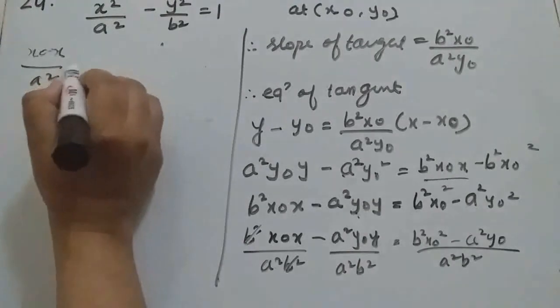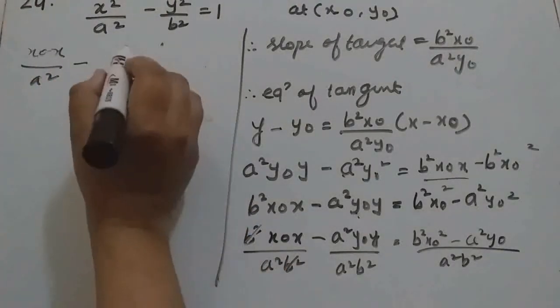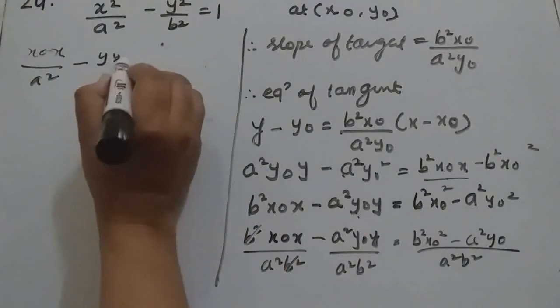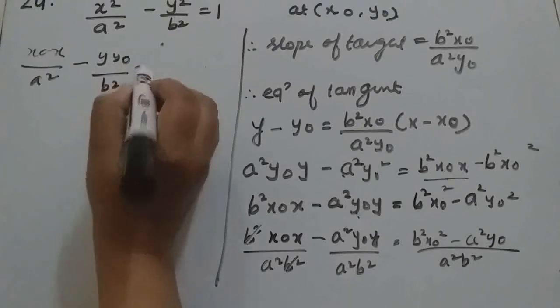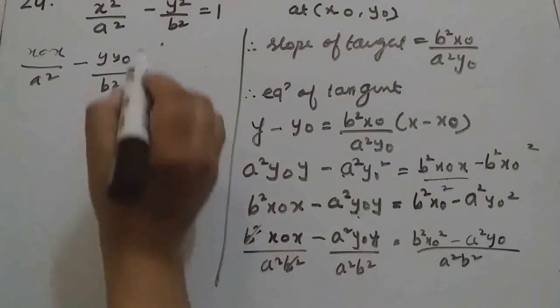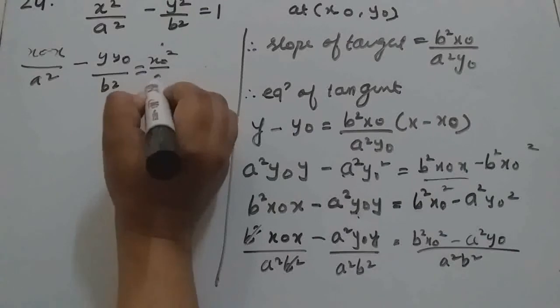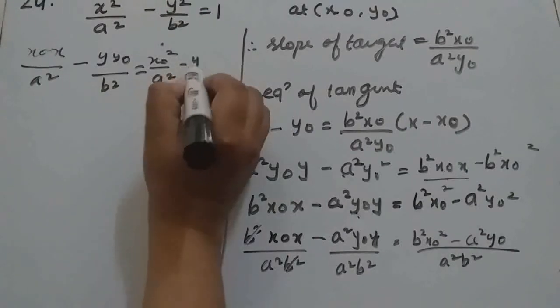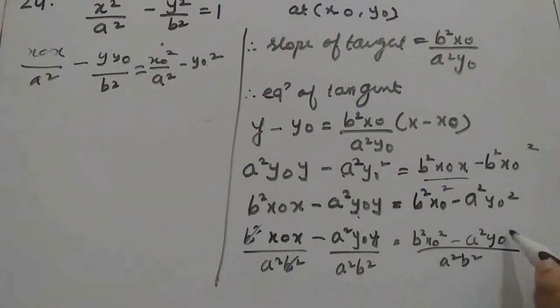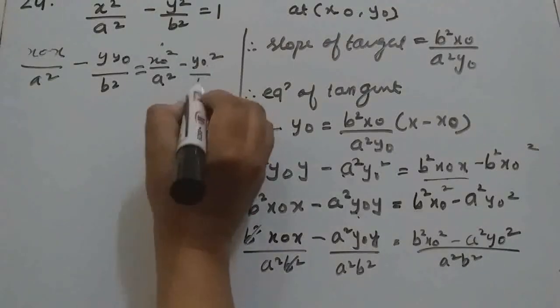And here a square will go, so y0 y by b square. Here b square will go, x0 square by a square minus y0 square by b square.